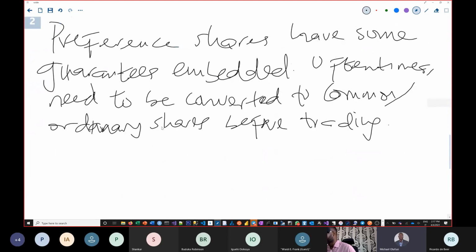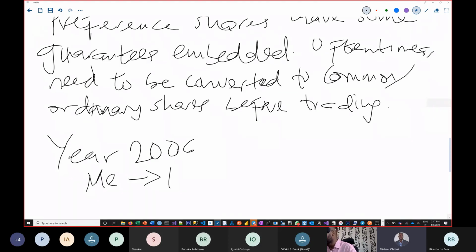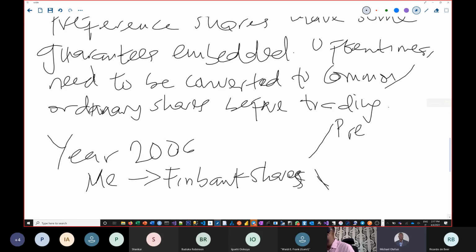I'll give you an example. In, I think, 2006, I was trying to buy First Inland Bank, FinBank, shares. And they had two options. They had the preference and they had the ordinary.